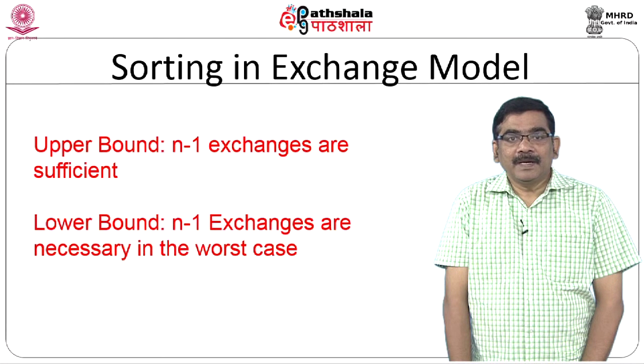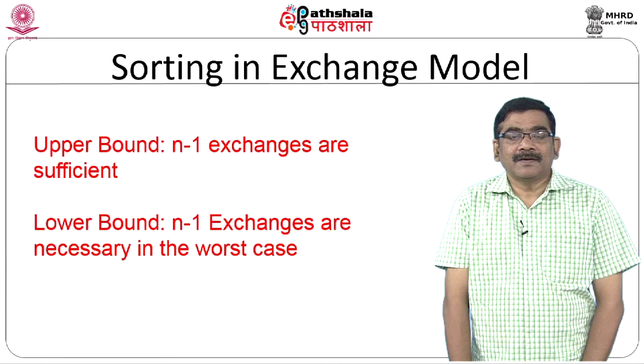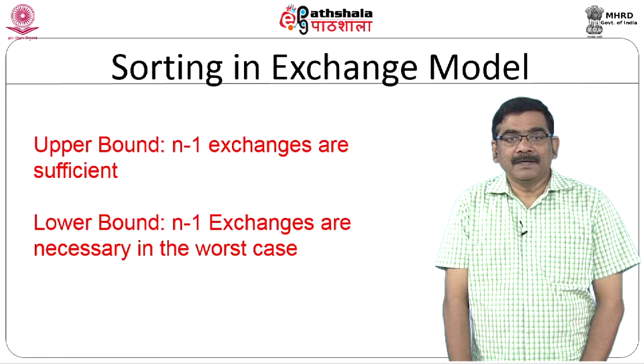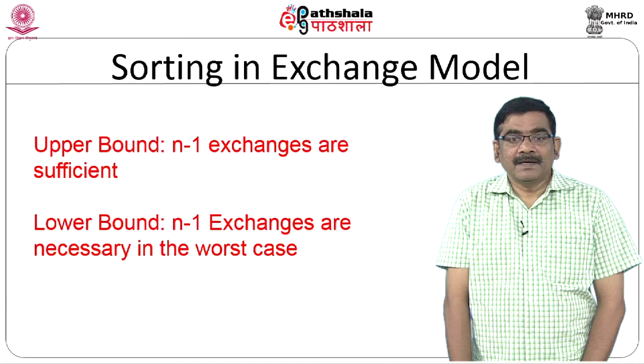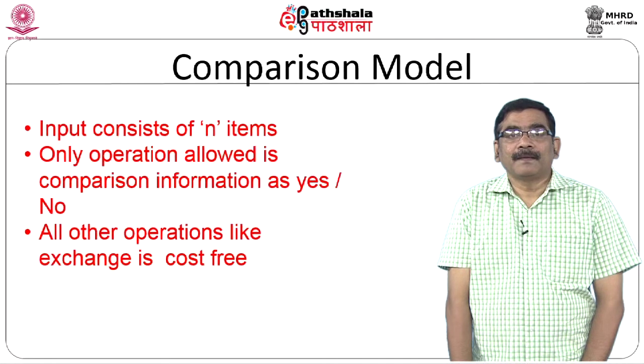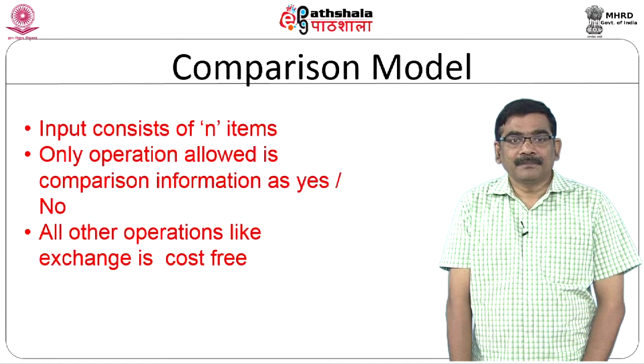What is the lower bound? Fine. Minimum n minus 1 exchanges are required to carry out sorting. Therefore, we can say that the lower bound and upper bound are both n minus 1 for sorting. This is one model.